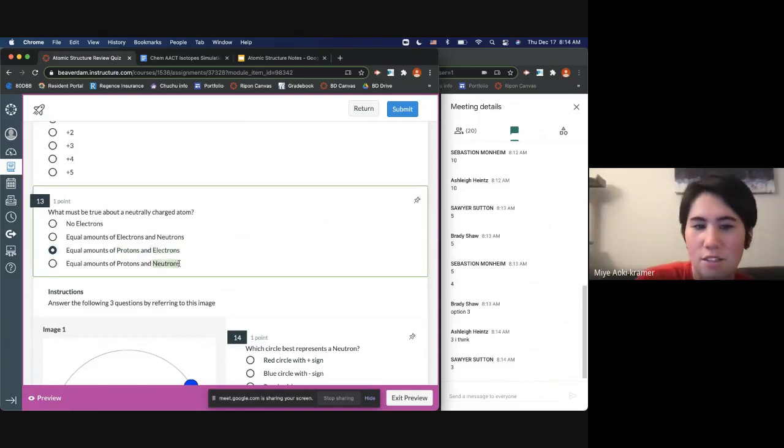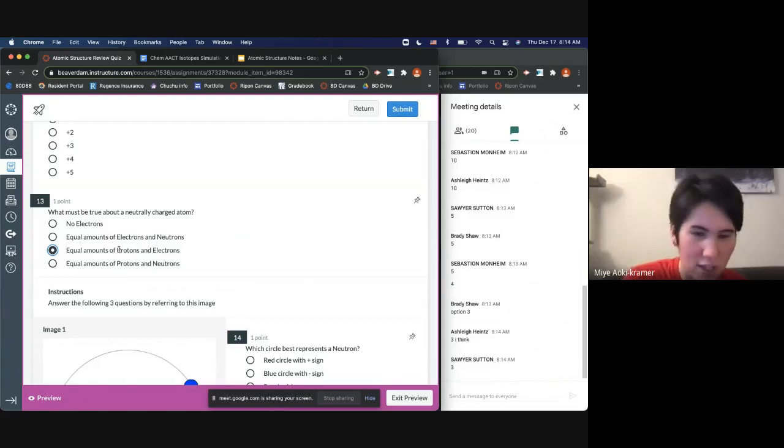Neutrons don't have any charge. So if we had equal amounts of protons and neutrons, this wouldn't necessarily tell us what the charge is. It would tell us that we have a positive charge. But in order to have a neutrally charged atom, we're going to have equal amounts of protons and electrons. So that's option 3. Good work on this.